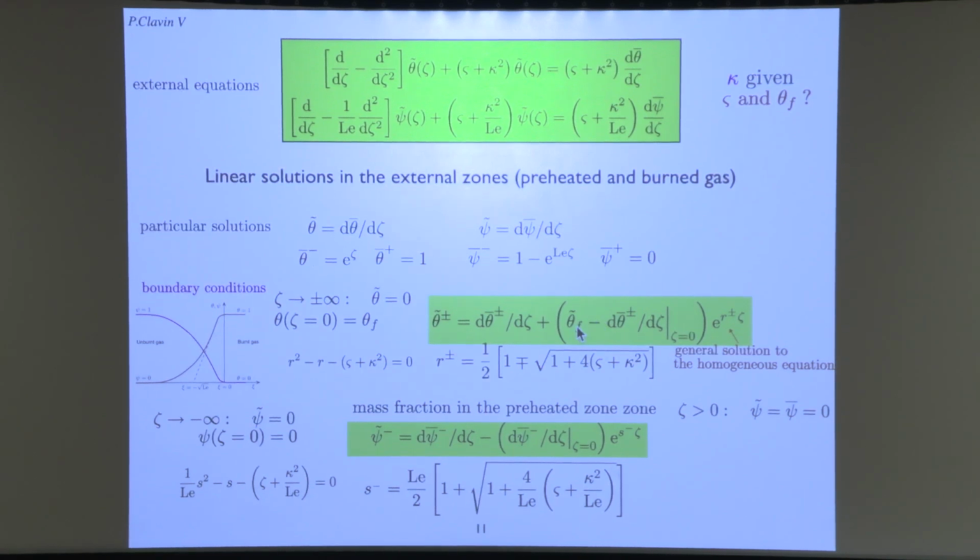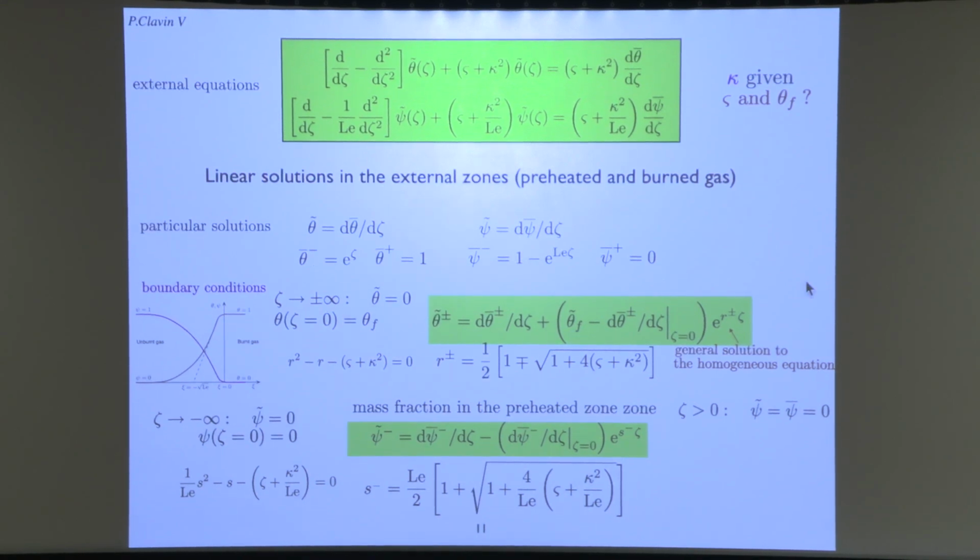And in order to make appearing the flame temperature, you put this and this minus that in such a way that at zeta equals 0, which is the reaction sheet, you have theta equals theta f.